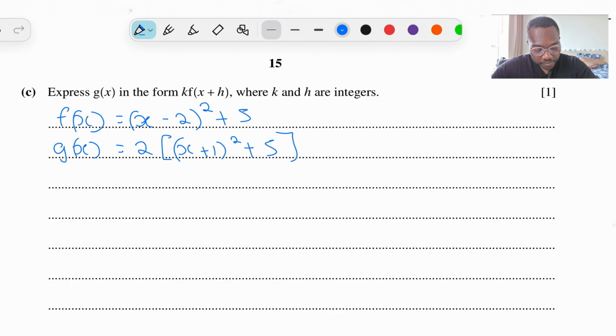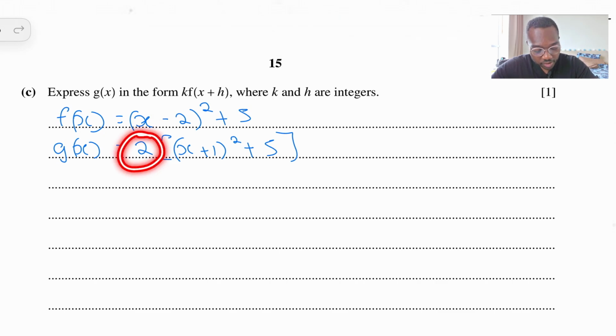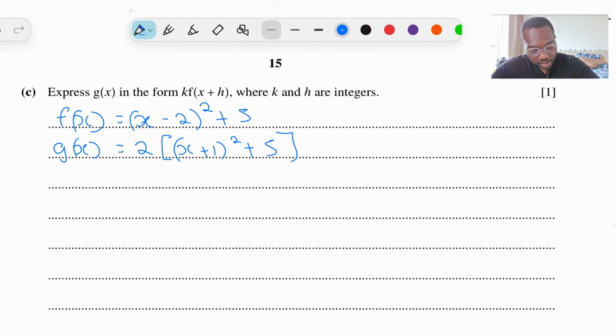One of them is you are multiplying by a scale factor of 2 in the y direction, because we have this 2 on the outside. So we know that we're going to have a 2. Let me write this in red. But another one is, if you look, we went from x minus 2 to x plus 1. So what's happened there? That must mean that we've shifted 3 units to the left.